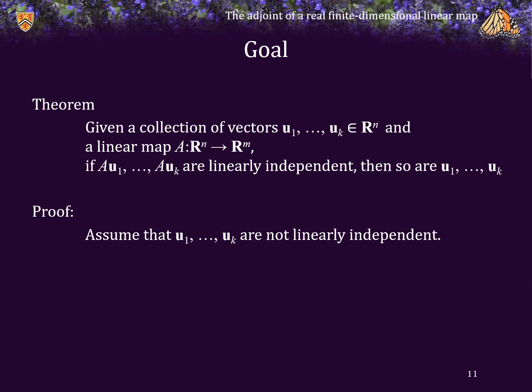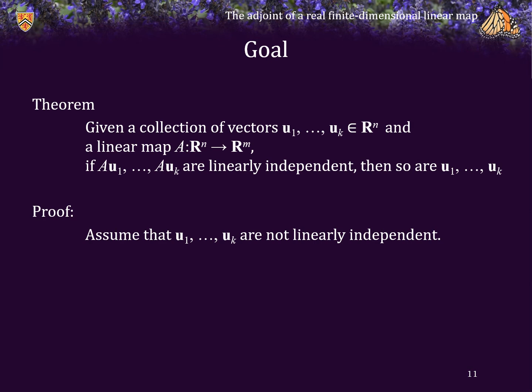Another way of stating this is if not y, then not x. So if we show that if u1 through uk are not linearly independent, that implies that A times u1 through A times uk is not linearly independent, then we're done.